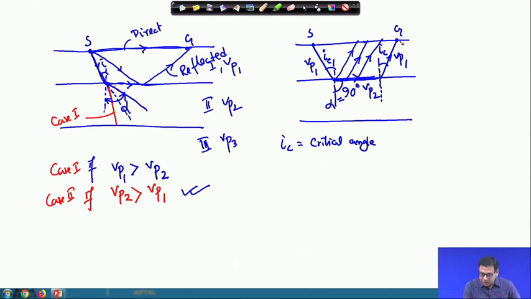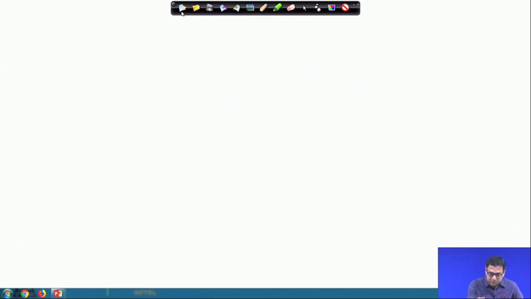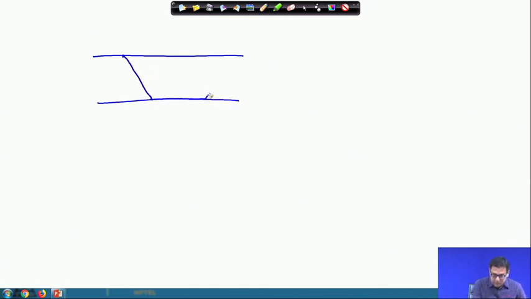Next, for the derivation purpose, we are considering this is the geophone, this is S, and we have considered this ray because our geophone is placed here.